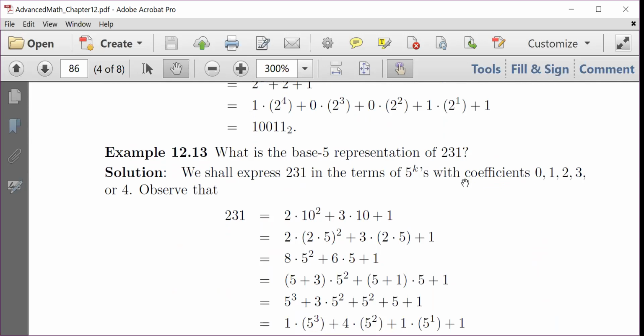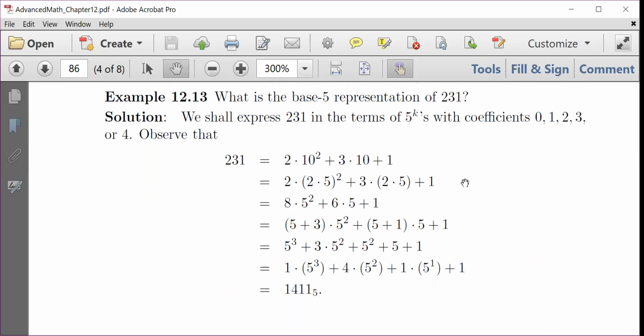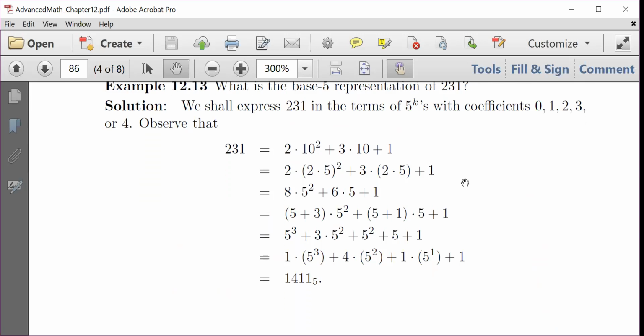Then the corresponding coefficients will be 1, 4, 4, 1. So 231, in the base 5 system, will be expressed as 1441. Yeah, let's try another problem.